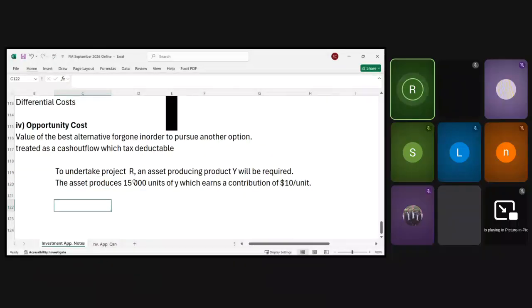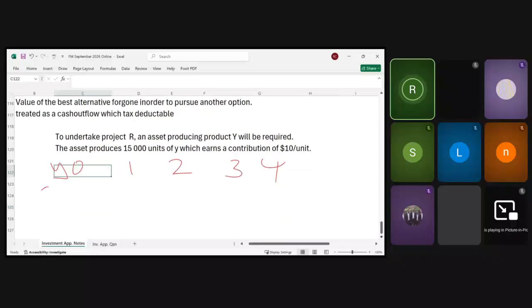So on your operating cash flows, after you have laid down your years, year 0, 1, 2, 3, 4, just an example here, after you've done that, you have your sales, variable costs, and your relevant fixed costs.